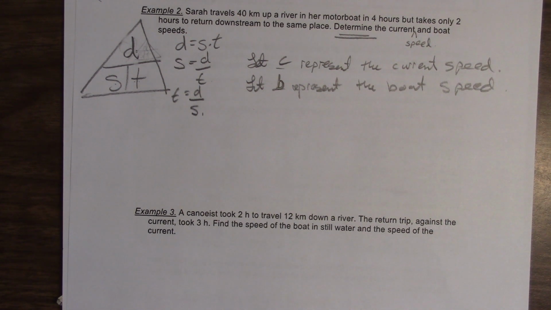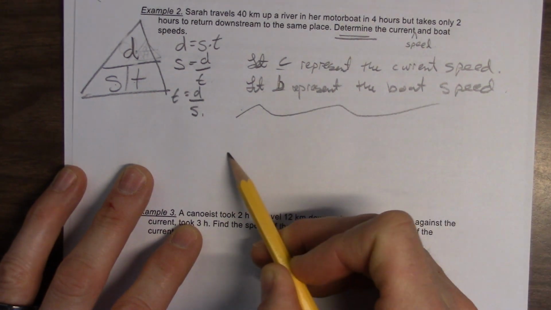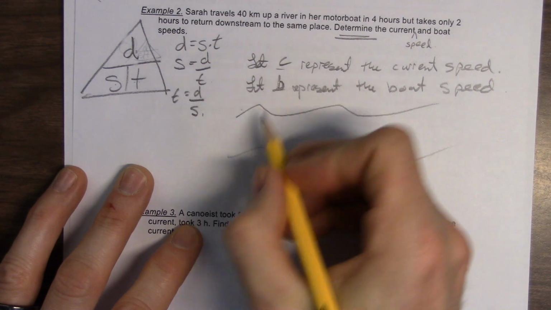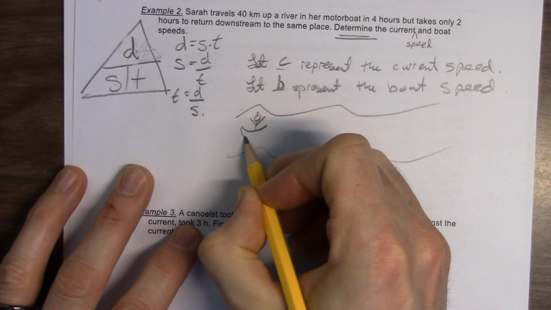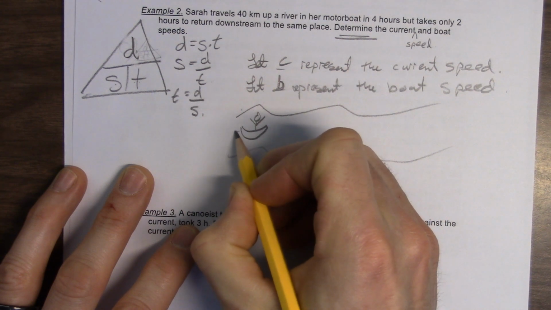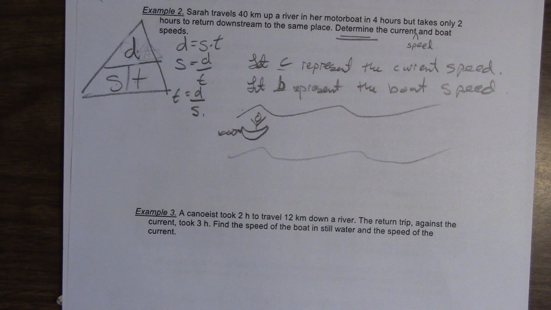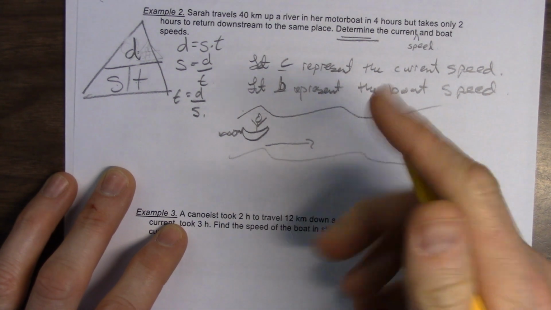All right, now I'm gonna draw a little river here. And we got a little guy here. He's in a motorboat. That's as good as I get at art, okay? And this is the current of the river, so it's moving this way.